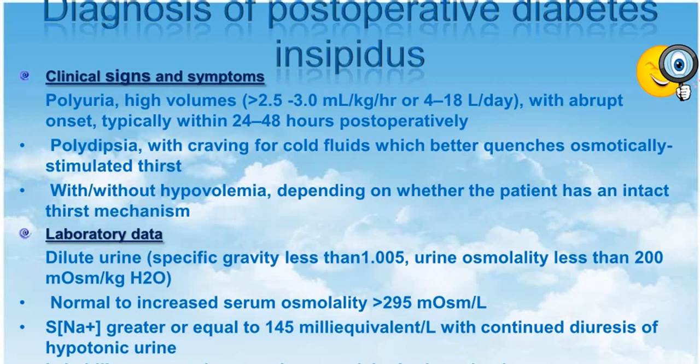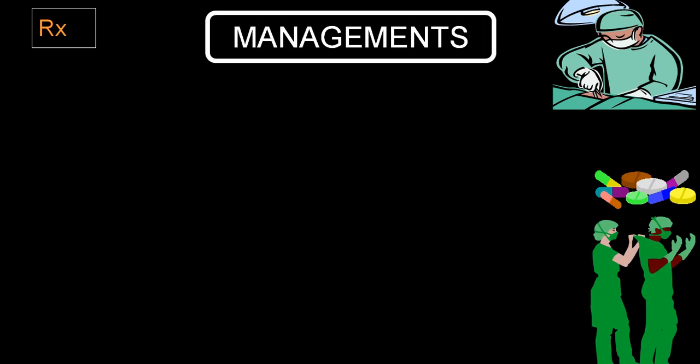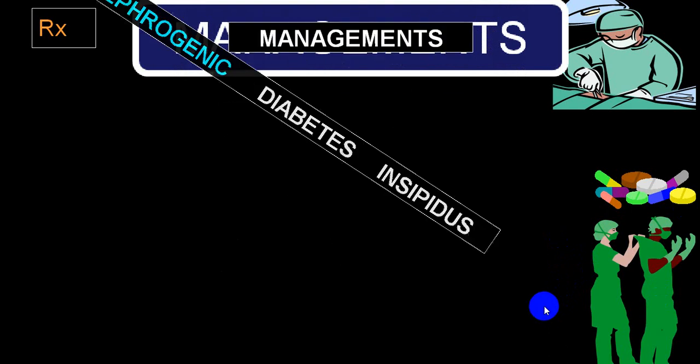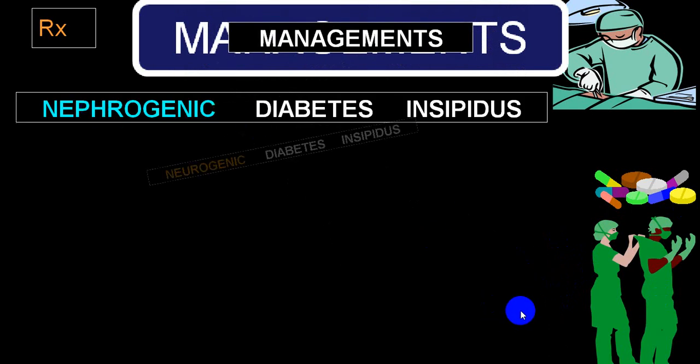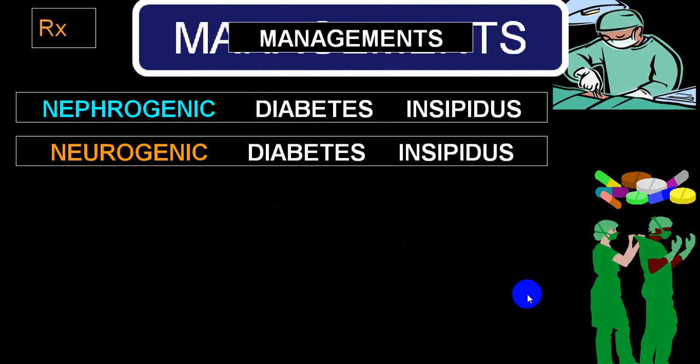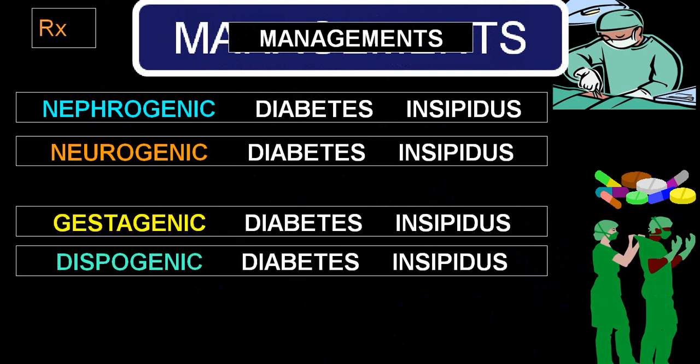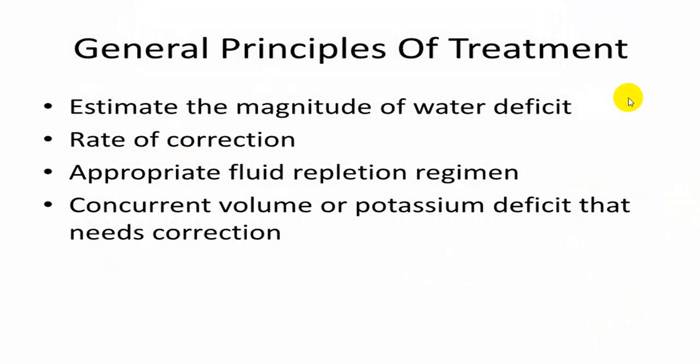We have already told you that in a post-operative person who has been operated on a hypothalamus or on a pituitary gland, a person does develop diabetes insipidus in a triphasic response. So do keep it in mind. And this is the way you approach that particular person. As far as management is concerned, in nephrogenic diabetes insipidus, neurogenic diabetes insipidus, gestagenic and dipsogenic, the general principle is maintain water balance.